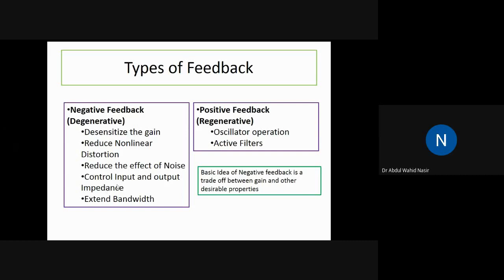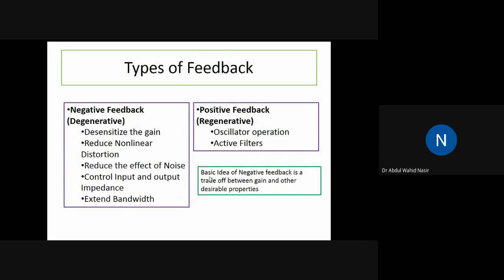Also, you can control the input and output impedance. If you use negative feedback, it will also extend the bandwidth. So these are all the things associated with a negative feedback system. In positive feedback, the applications are oscillators and active filters. Positive feedback is also called a regenerative system.